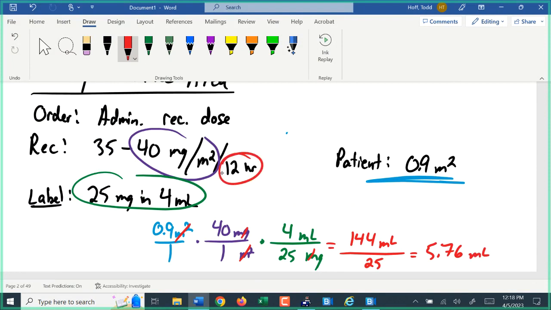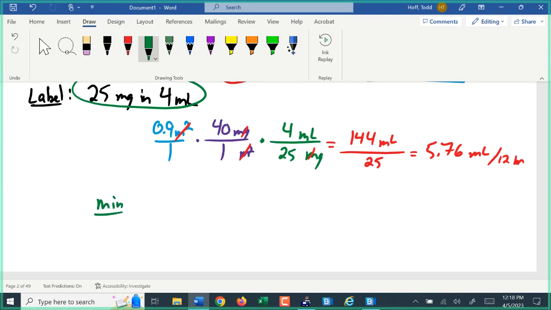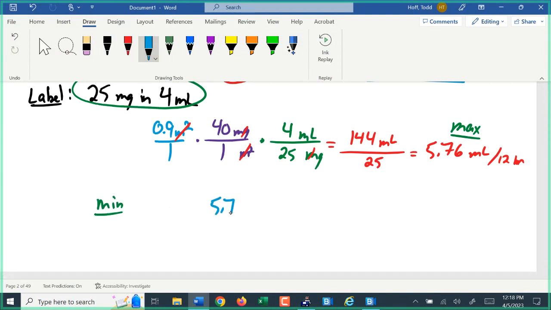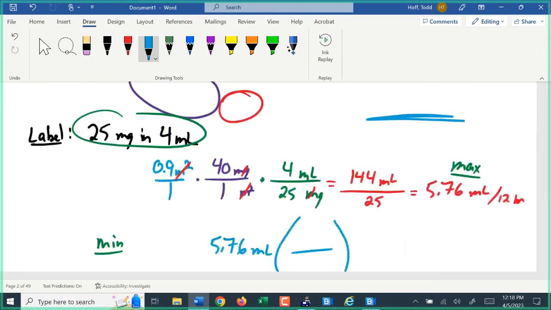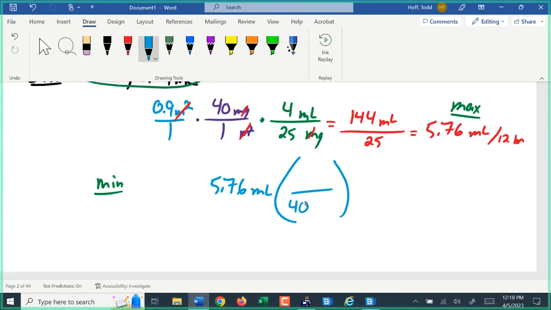Now we need to bring that time frame back in. That is every 12 hours. We need to find the minimum there. Or this was the maximum. So we're going to do the titration here, starting with the 5.76 milliliters. That was based off of 40 milligrams per meter squared.